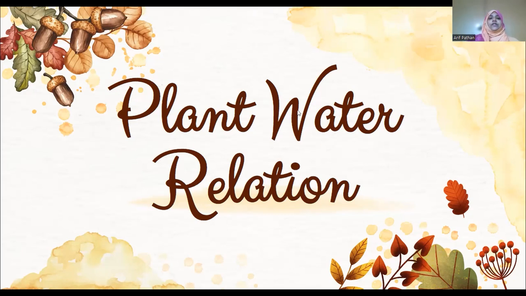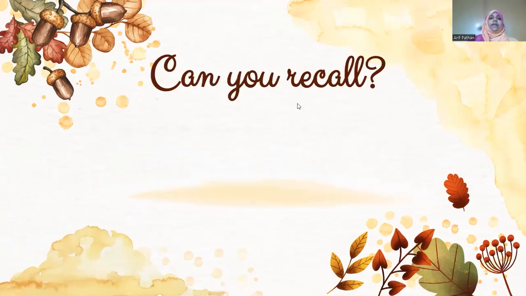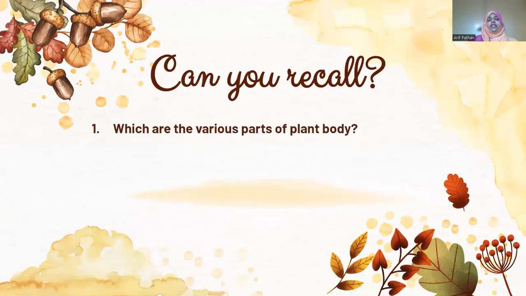Okay, so let's begin. Before we begin, if you can just recall in your mind, what are the different parts of the plant body? It is very important for a biology student to know the different parts of the plant body, because in this chapter you will require this basic knowledge.